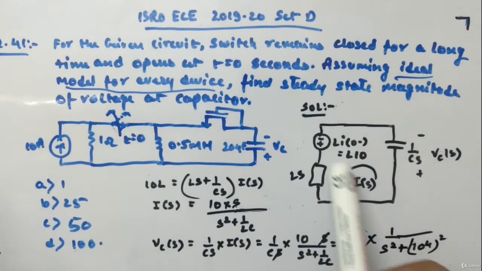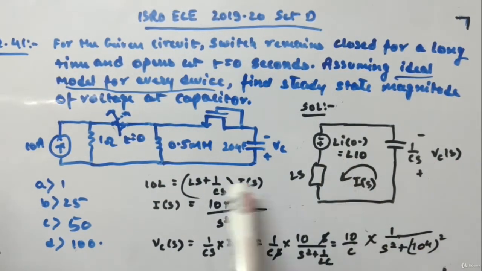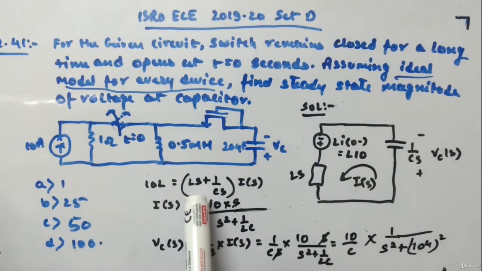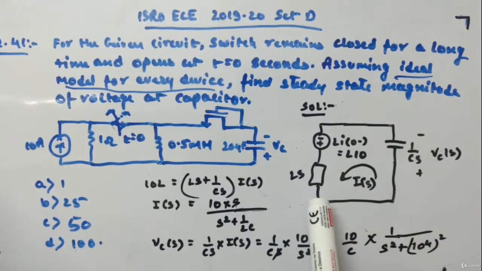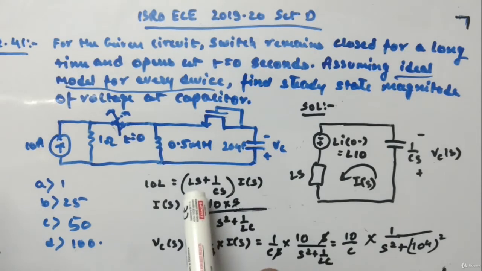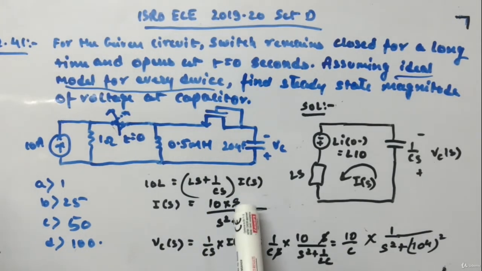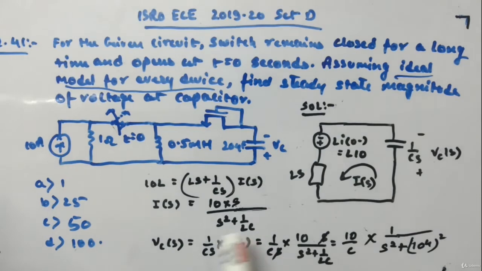If I write KVL, L into 10 is equal to Ls plus 1 by Cs, times I(s). So I(s) will be 10 into s divided by s squared plus 1 by LC, if you rearrange this, and this is the current.